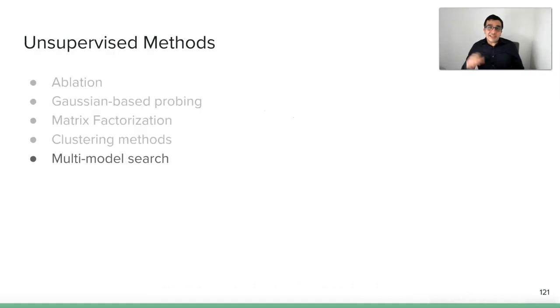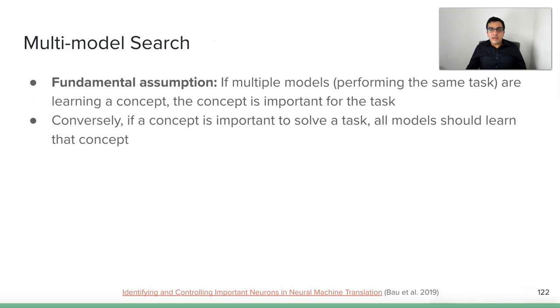So finally, the last type of method that we will see under the umbrella of unsupervised methods is multi-model search. This type of method uses multiple models that are trained for the same task. The idea is that if multiple models learn the same concept independently, then that concept must be important for the task.